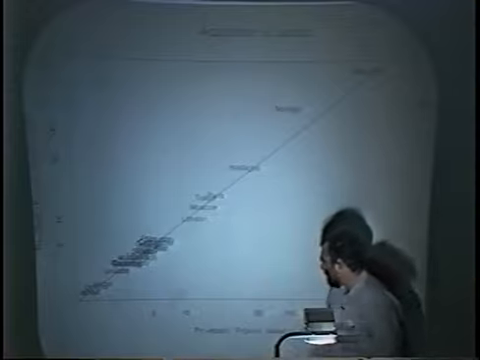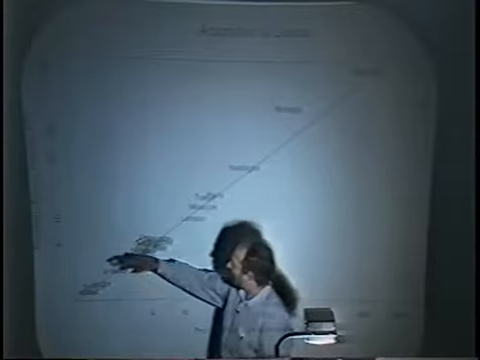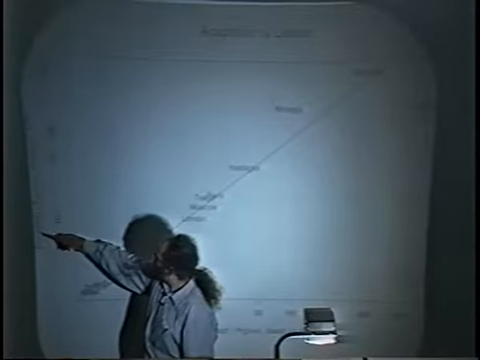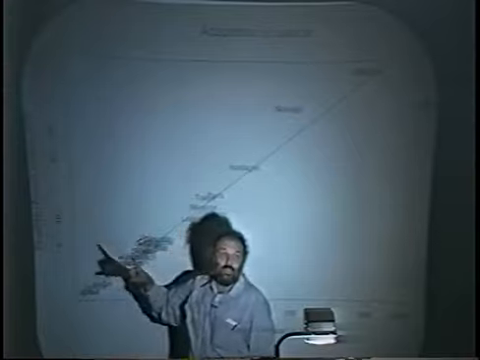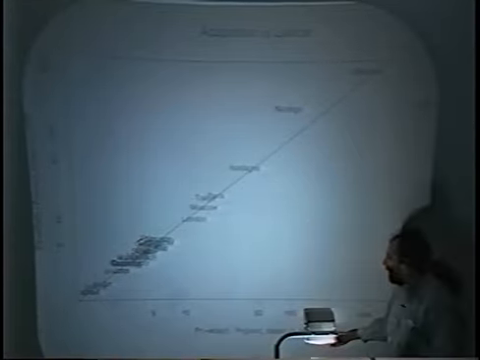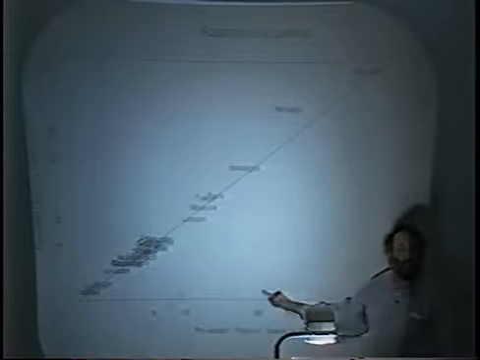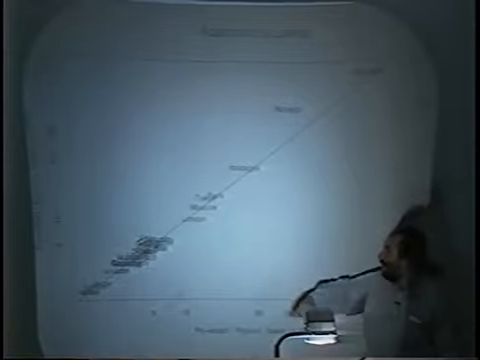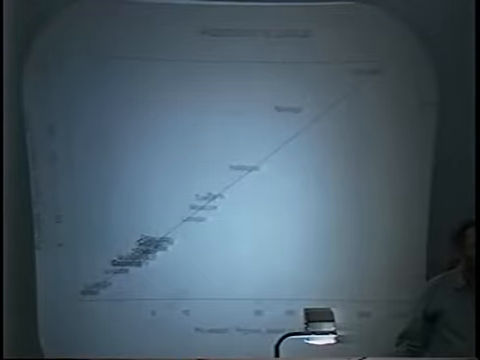So this axis here is the ratio of positive adaptation to the prior, and this axis is the same thing in another year of the AP News. And what I'm trying to say here is that if this ratio is big in one year, it'll be big in another year. If it's little in one year, it'll be little in another year. And this line is the A equals B line, which does a pretty good job of describing it.